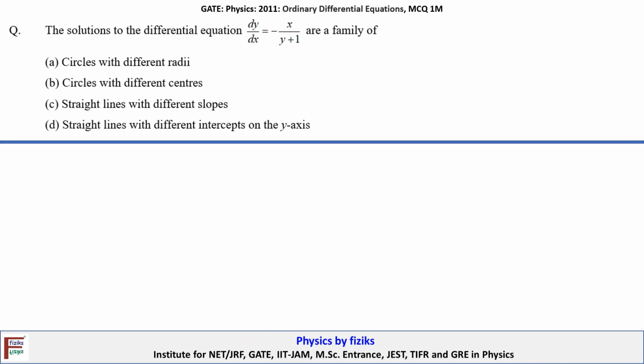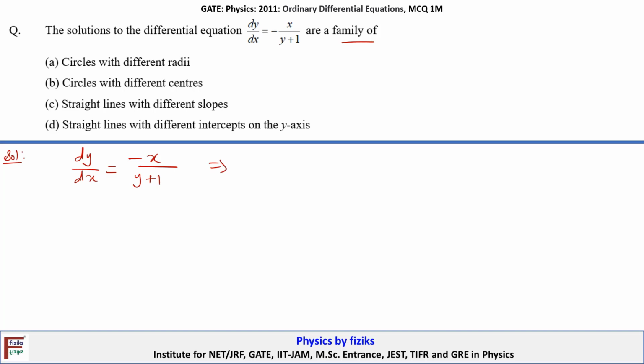The solution to the differential equation dy by dx equal to minus x by y plus 1 is a family of what. Now the solution of this differential equation is obtained by the variable separation technique. Here the equation is given as dy by dx equal to minus x by y plus 1.